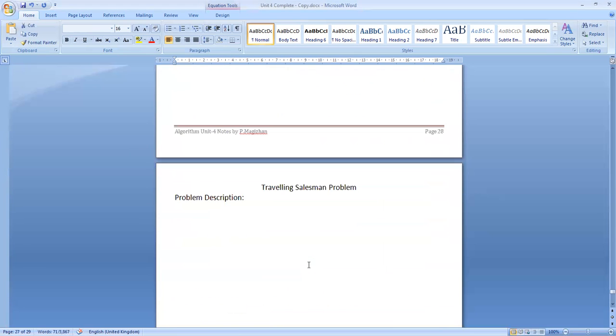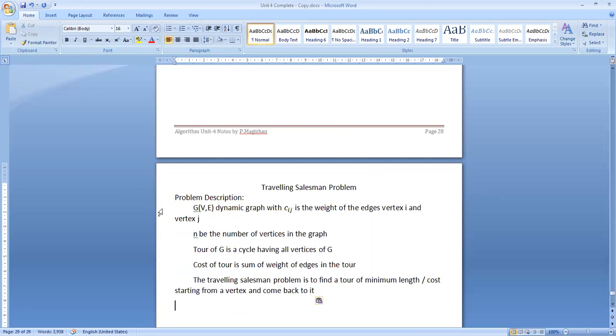This is the problem definition. You are given a graph G with set of vertices V and set of edges E, and Cij is the weight of the edge between vertex i and vertex j. Cij is the cost of the edge between the vertices i and j. Let us assume that there are n vertices in the graph.